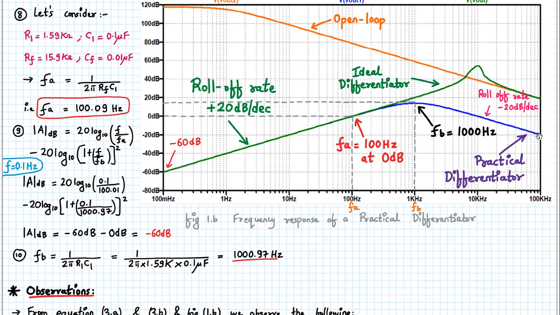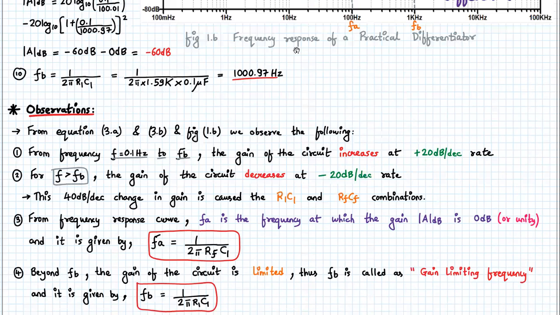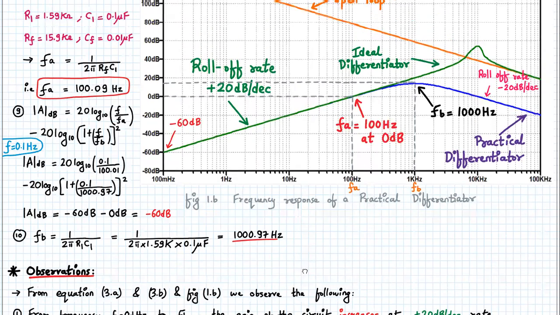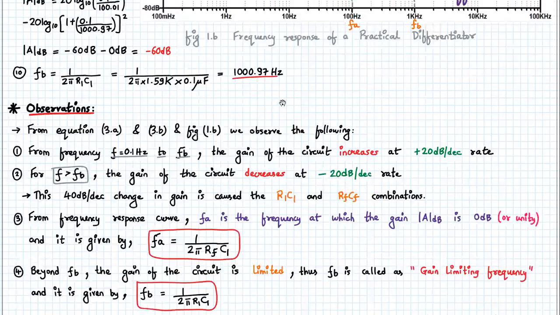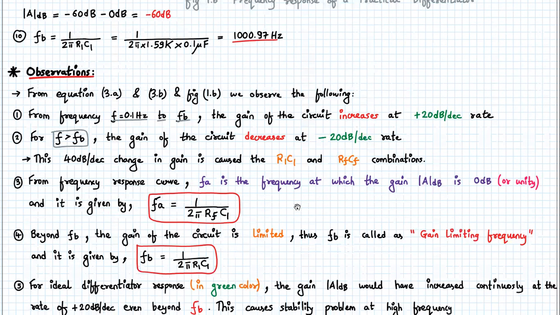Hence the roll-off rate after the frequency is greater than FB is minus 20 dB per decade. So that is the practical differentiator for you. At high frequencies, it will reduce the gain. So there is a 40 dB change in the gain, which is caused by the R1C1 and RF CF combination.